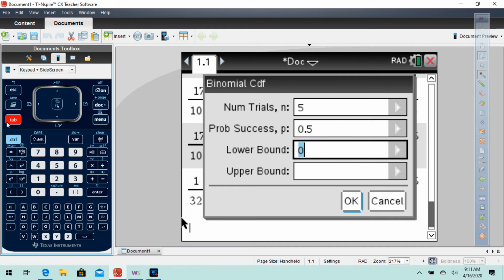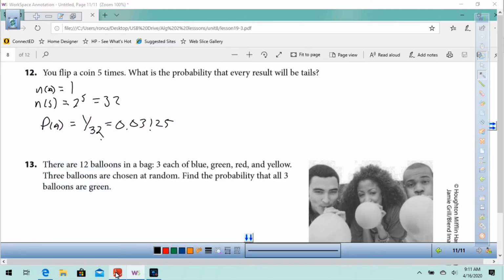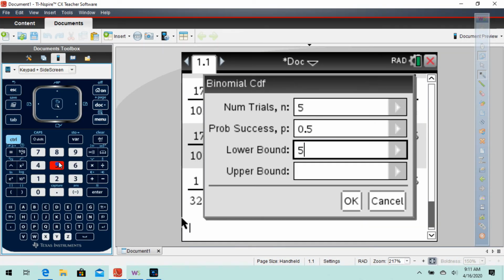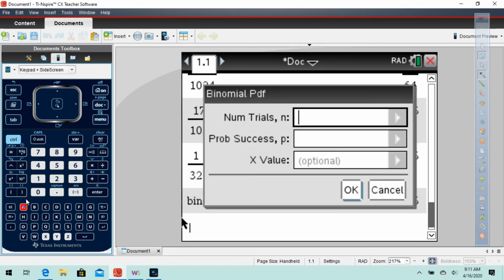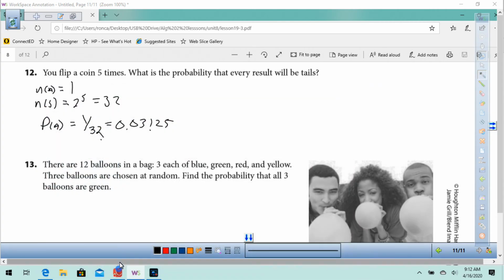My lower bound is 5. My upper bound is 5. I could have done menu 5, 5A and got the same answer. Menu 5, 5A. That's when you're just doing the one. Number of trials, 5, 0.5. And we're just looking for that one there. All right. So there we go. Same answer either way.